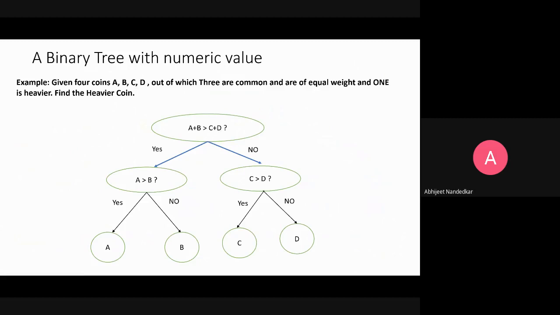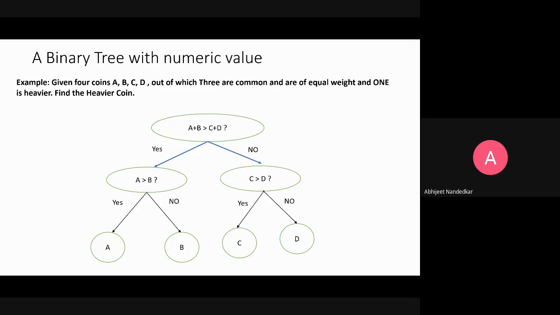So same idea can be extended with numerical values. Now here, this is a good example to understand. Now suppose we are given 4 coins A, B, C, D, and 3 of them are common coins and they weigh equal, and 1 coin is heavier. So which one we don't know, and question is find the heavier coin.